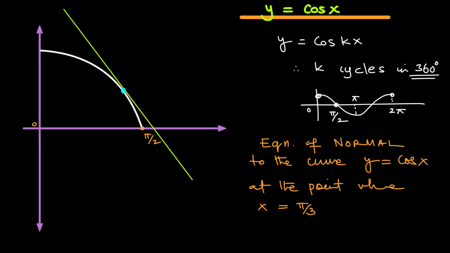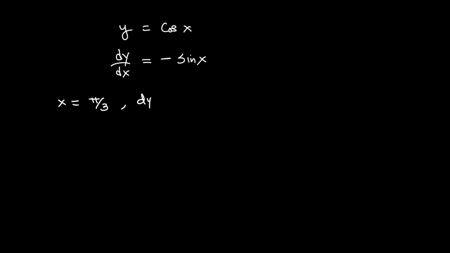So the working is y is equal to cosine x. When we differentiate it, dy by dx is equal to negative sine of x. When x is pi by 3, dy by dx is negative of sine of pi by 3, which is negative root 3 over 2.